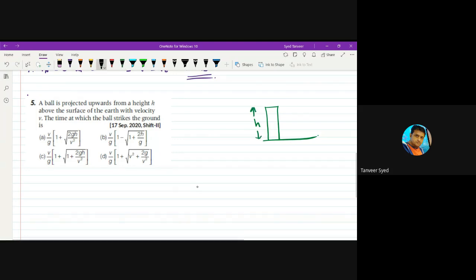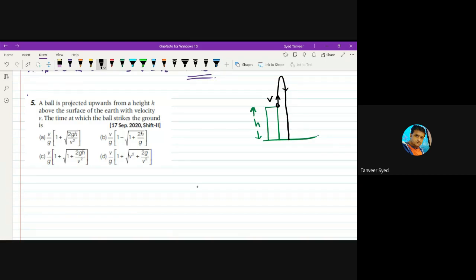From here, a ball is thrown vertically upward with velocity v. Okay. What will be its path? It goes up straight. Velocity decreases, becomes 0. Then it falls down like this.